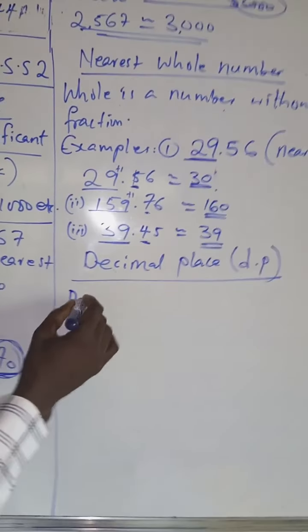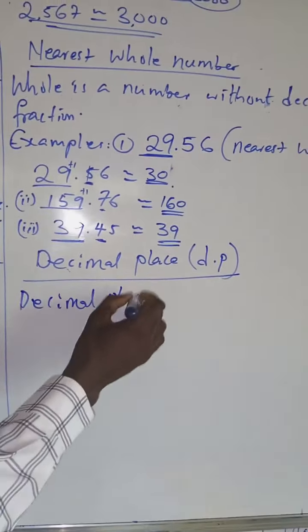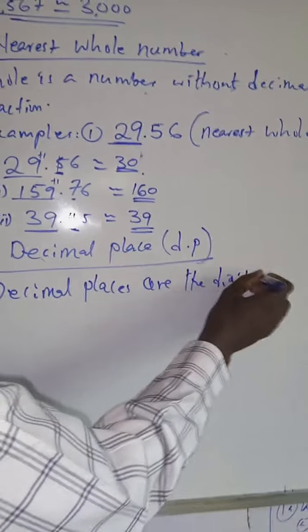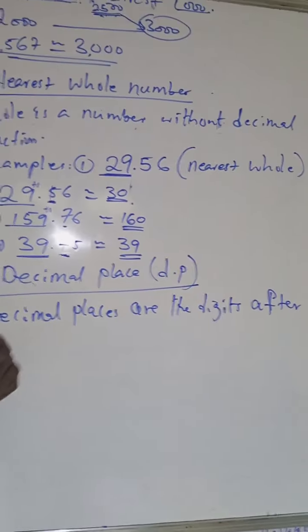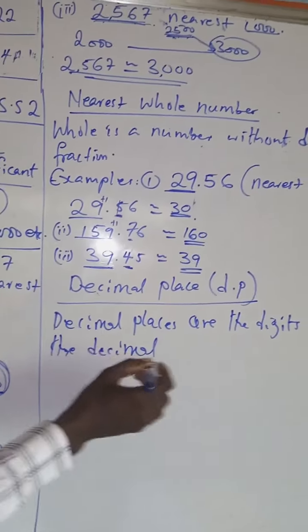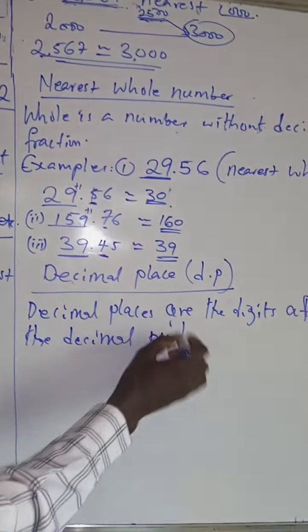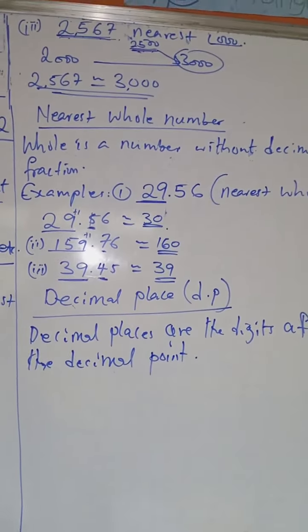So decimal places are the digits after the decimal point or decimal fraction. So we mean the number after the decimal now.